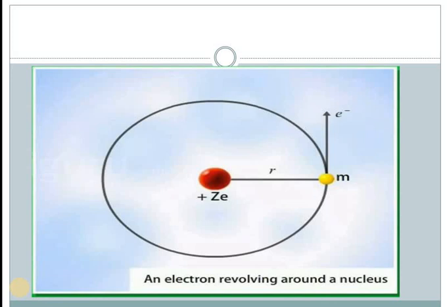Otherwise, as it is moving, it can go out if something from the center is not attracting it. It can go out of this circle and move out. So something is attracting inwards, which is forcing the electron to move in.